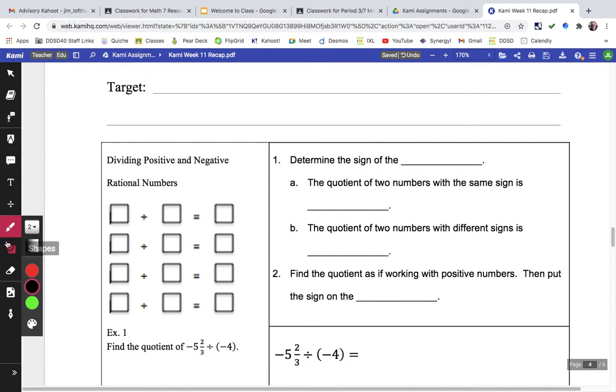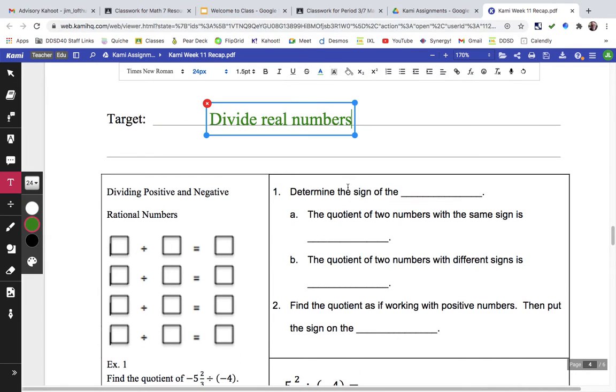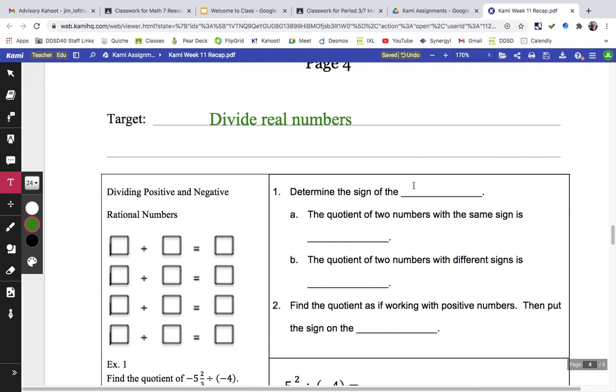Our target here, let me grab the text box, is to divide real numbers and determine the sign of the quotient.